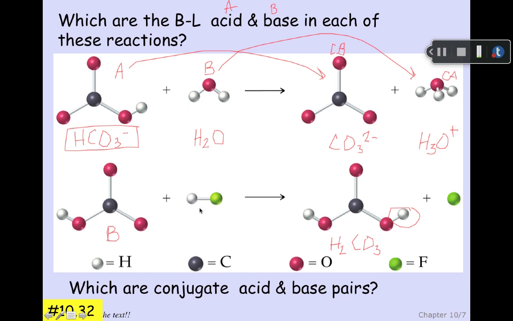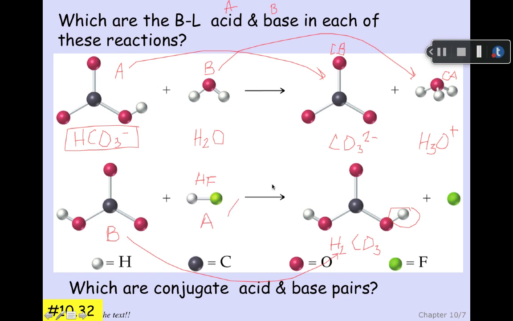The other compound is that HF that we saw in the previous slide. So that would be an acid, as it gave away a proton. And so the resulting compounds become the conjugates here. So hydrogen carbonate in this example is a base that has a conjugate, which is H2CO3, carbonic acid.